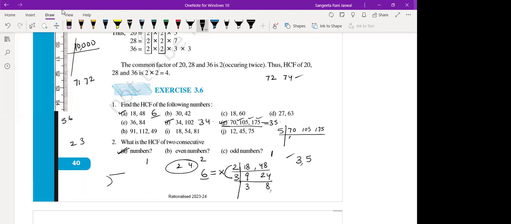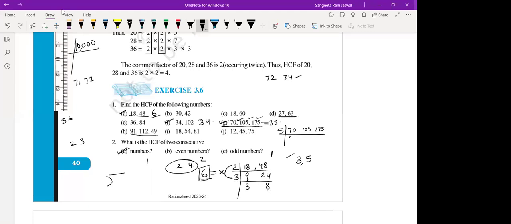Are you understanding? So 6 is the highest common factor of these two numbers. Understanding, Nishika? Yes, ma'am. Similarly, you can take up any question here, okay?